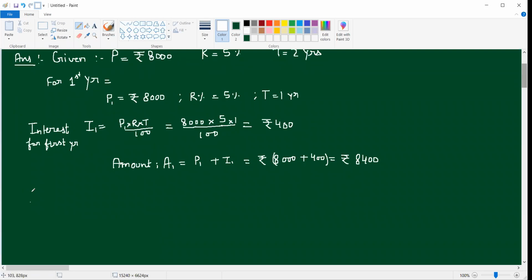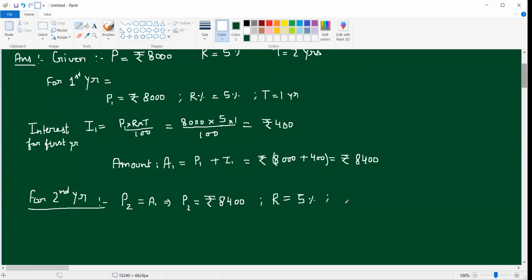Now for the second year, the principal for the second year will be the amount we receive at the end of the first year, which is equal to rupees 8,400. The rate will be the same, and time again will be 1 year.